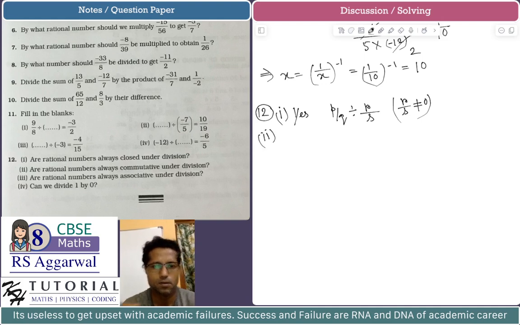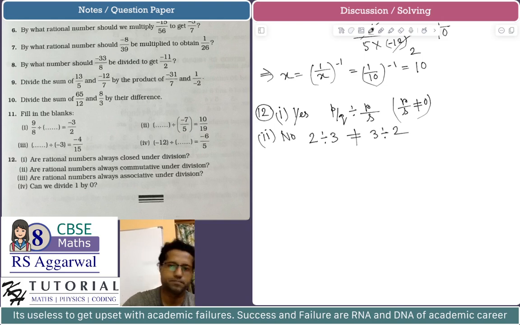Part 2, are rational numbers always commutative under division? Commutative under division? No. For example, let's say 2 divided by 3 is definitely not equal to 3 divided by 2.